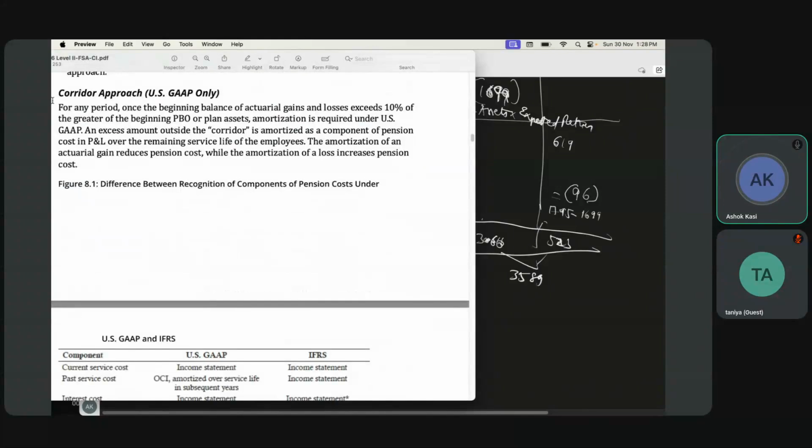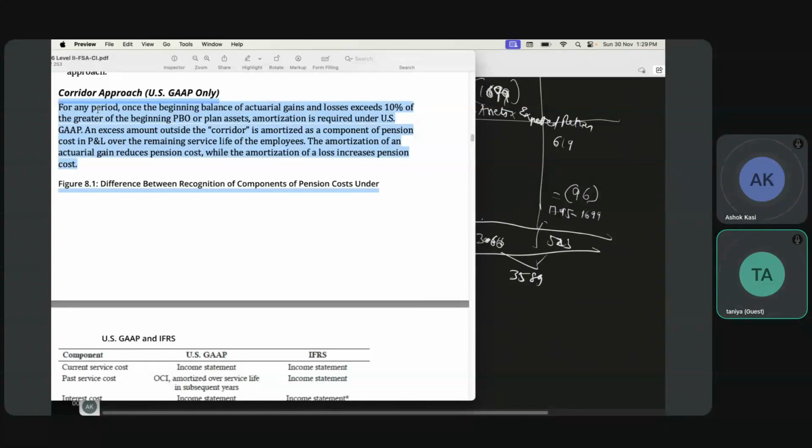Just read this part. Okay, understood. Accordingly, required.